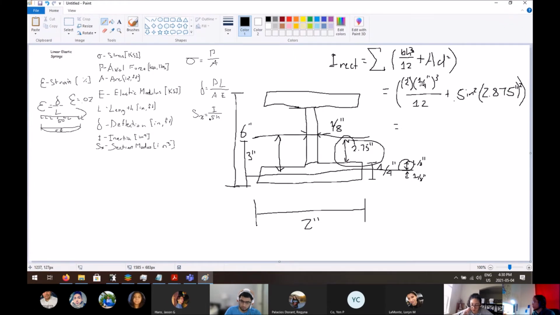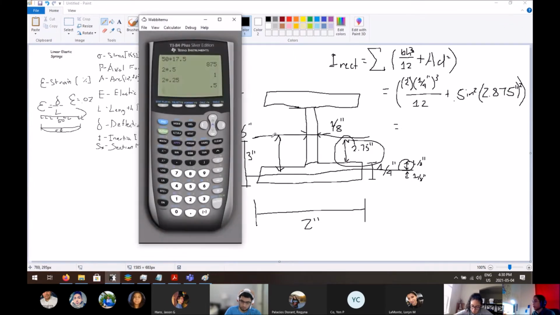I'll add all that together. Well, let's actually solve this out real quick. 2 times 0.25 times 2 cubed, divided by 12, right? So very small, 0.002, we're just going to call that 0, plus, now here's the crazy part, 0.5 times 2.875 times 2.875.